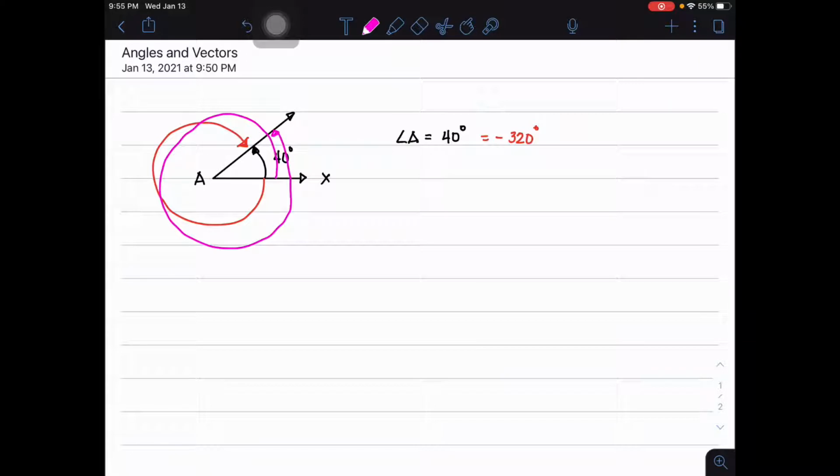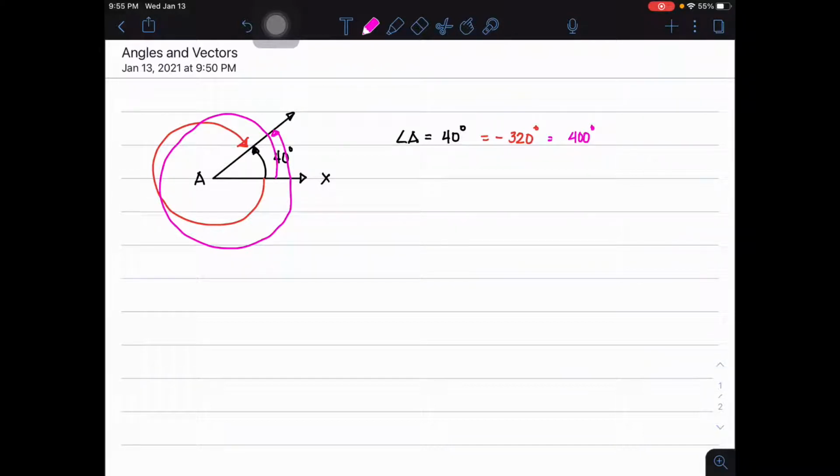Therefore angle A could also be equal to 360 plus 40 degrees, which is equal to 400 degrees. So there are different measurements that we could express for a single angle.